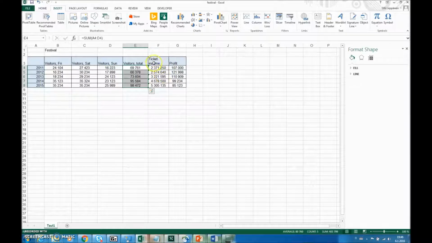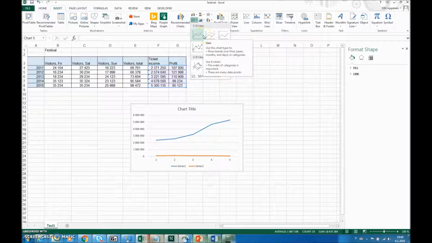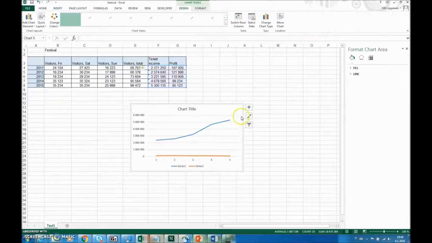So for example, here is the ticket income of the festival during 5 different years, and here is the profit. So how much money did we get from arranging this festival?